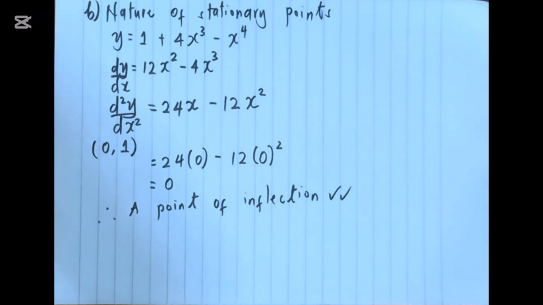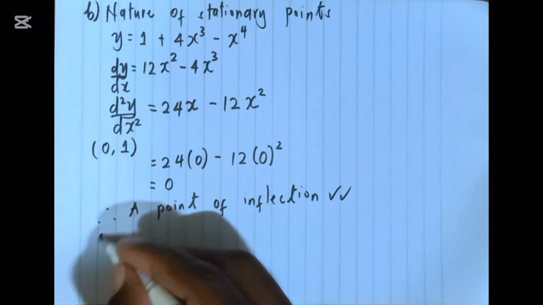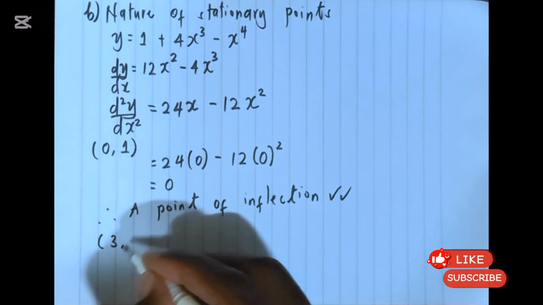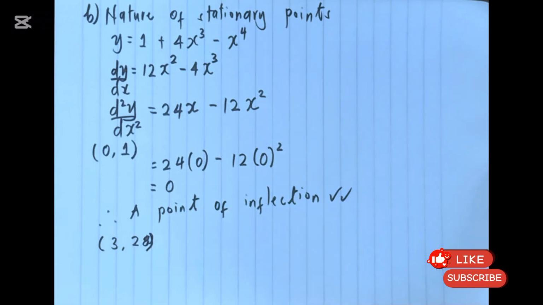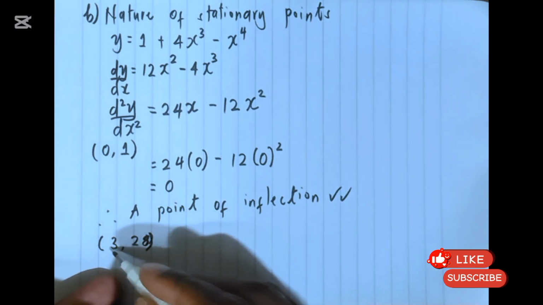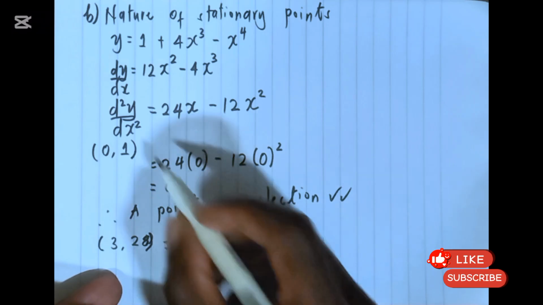Why don't we determine the second stationary point and see the nature of its turning point? Was it a maximum, minimum, or also a point of inflection? Our second stationary point was (3, 28). To find the value of the second derivative, we substitute directly the value of 3 into our second derivative.